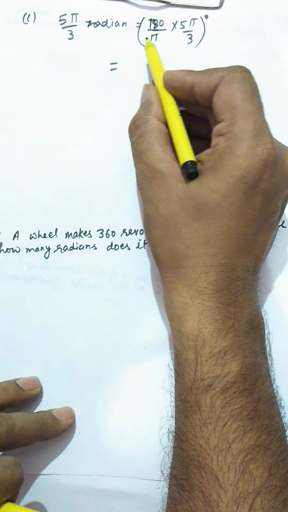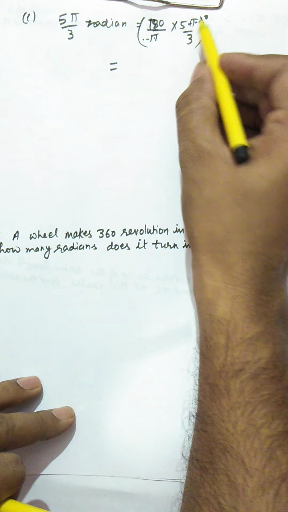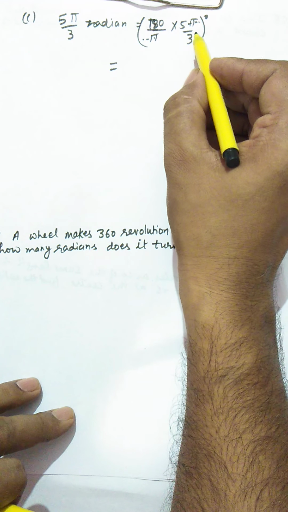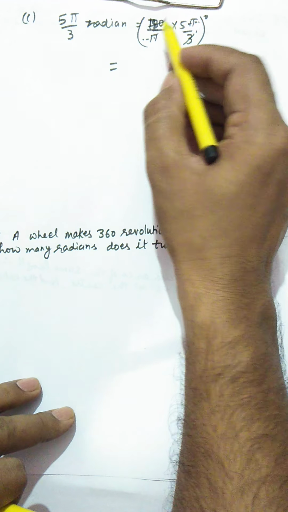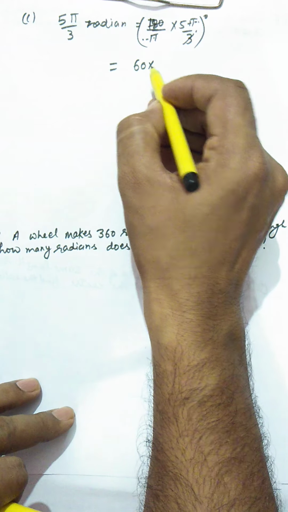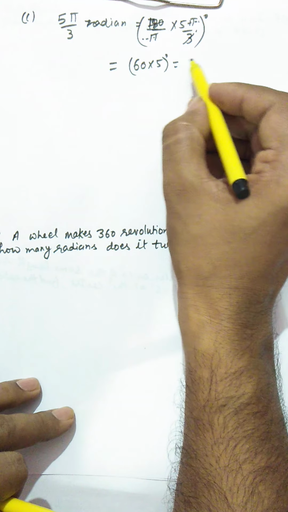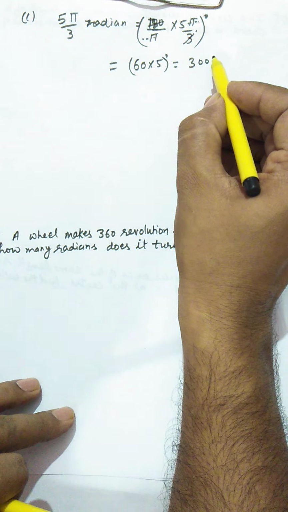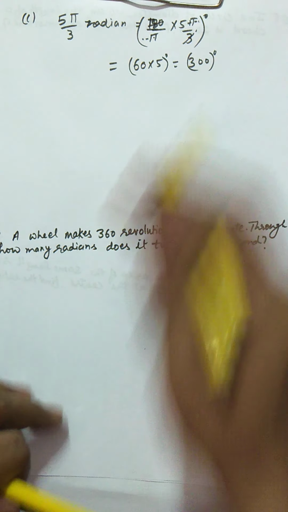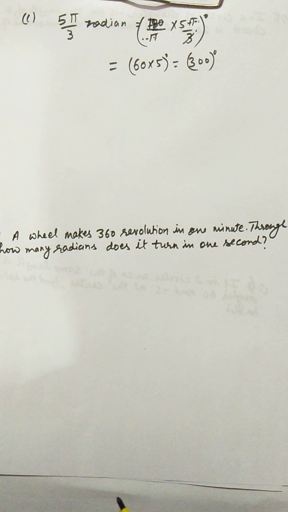So this pi will get cancelled. This 3 you can simply cancel. This is 60 into 5, in degrees. So 60 into 5 is going to be 300 degrees. So you can simplify this this way, and the rest of the part you try yourself.